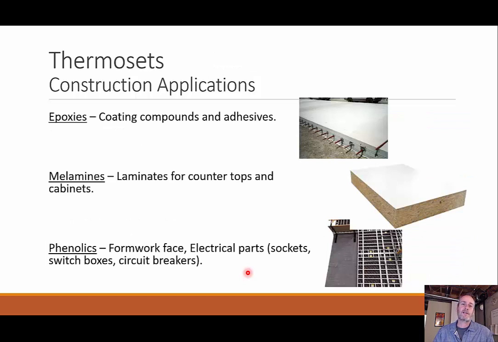So moving on to the other side of things with our thermosets. With thermosets, it's more like a one-time application and it's just done. We're not reusing them. So we have epoxies, which are an adhesive or a coating compound. Either you're going to epoxy over something to give it a protective barrier, or you're going to create an adhesive out of it.